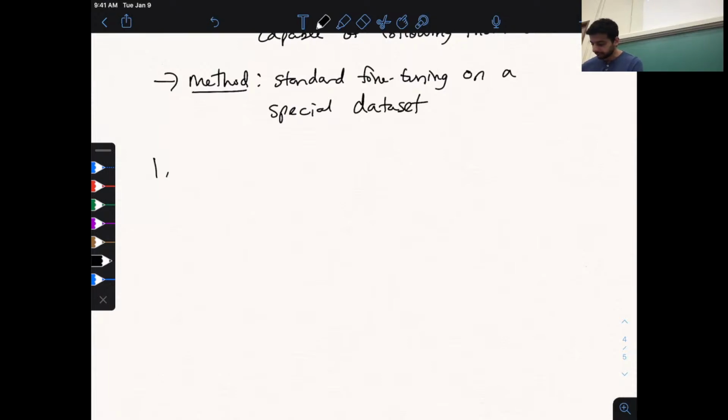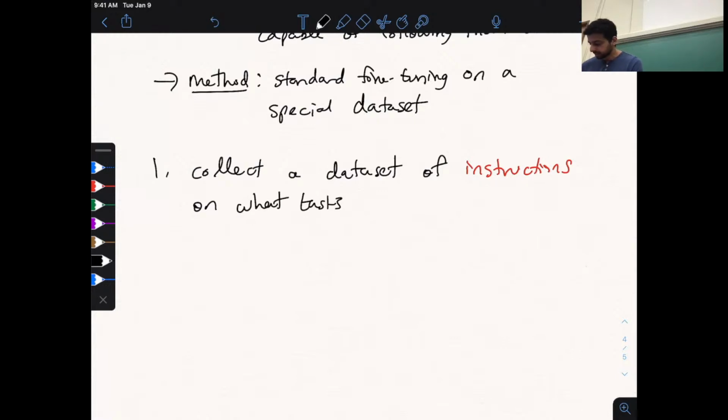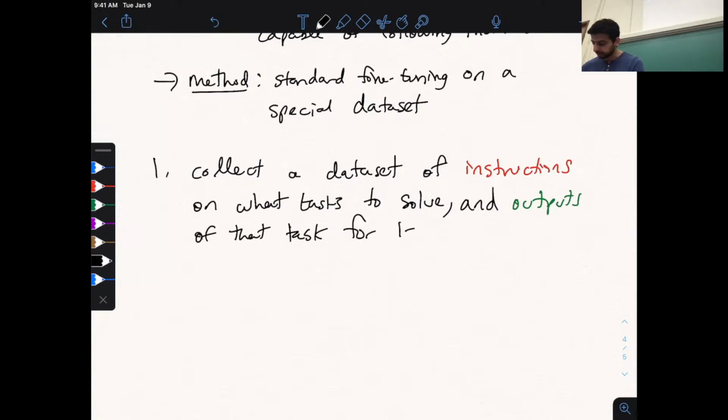All right, so let's get to the actual method here, which, as I've described, is just a data set of instructions on what tasks to solve and corresponding outputs of that task, for a couple of examples.